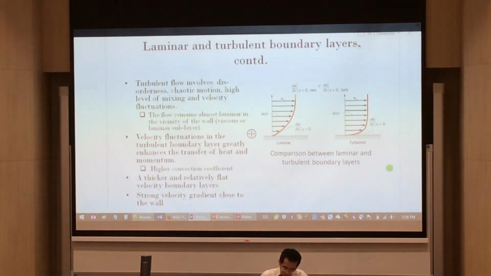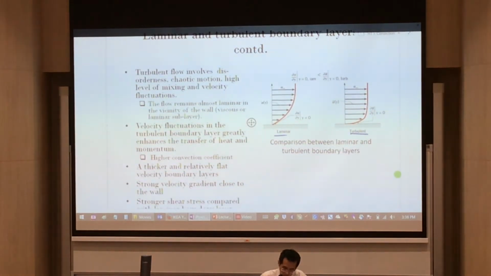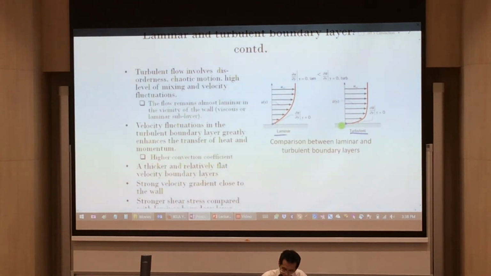This is a sketch of the difference between the laminar and the turbulent flow, where the gradient of del U del Y at this position when Y is equal to 0, and this is where we call the laminar region. This one is turbulent, and there's also another gradient over here.